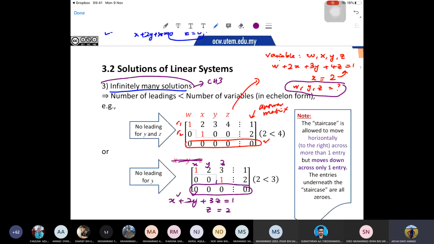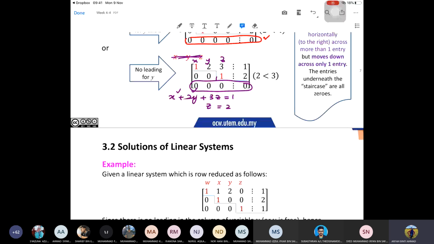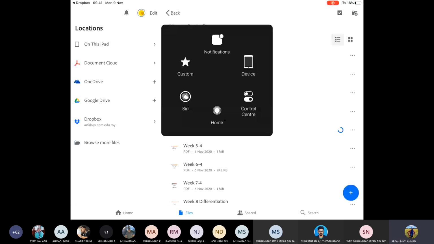Okay. Okay, contohnya, example, given, cuba salin this one. So example, given a linear system which is row reduced as follow. So dapatkan nilai X, Y dan Z. Let's say yang ini saya tulis dekat dalam, kita tengok macam mana nak selesaikan this example.